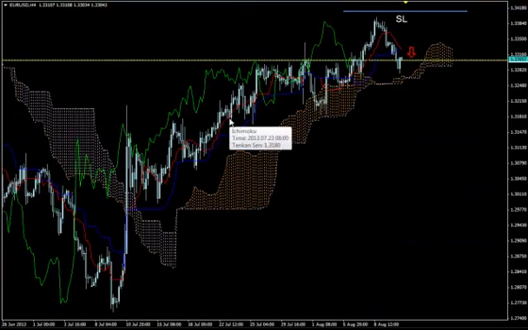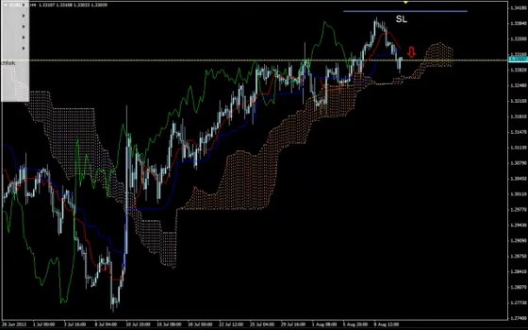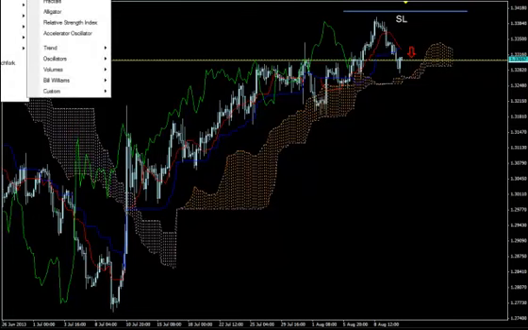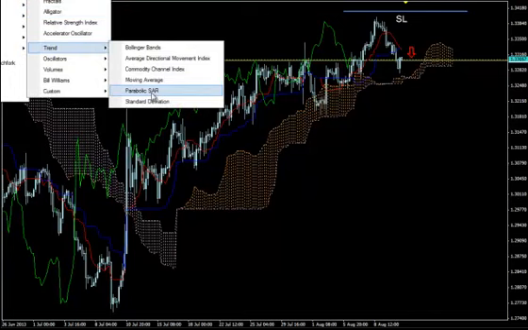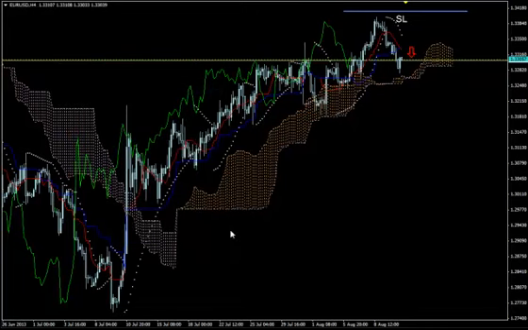So we should enter short. We missed this move, but it's not late because it looks like the move has a future here. If we insert a lagging indicator, which is PSAR, Parabolic SAR, I have chosen the pink color for its dots, we will see that it has given us bearish dots on the H4 chart.